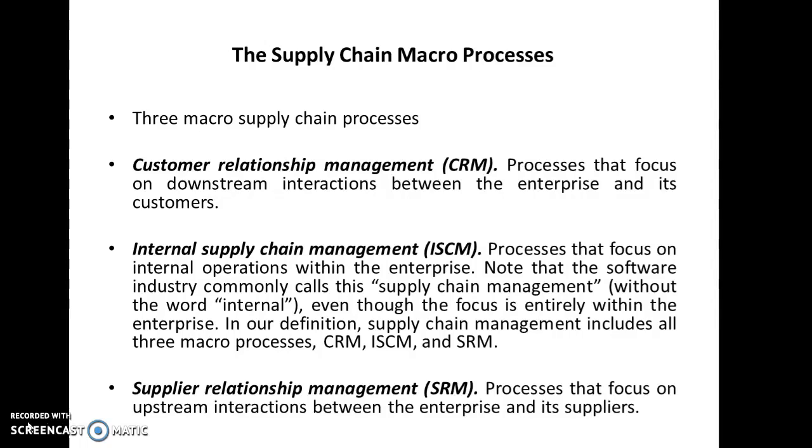The information technology may also automate some of the activities of these processes: CRM, ISCM, and SRM. Automation will reduce the human intervention and reduce the time taken for the task. So it improves the performance of the supply chain system.